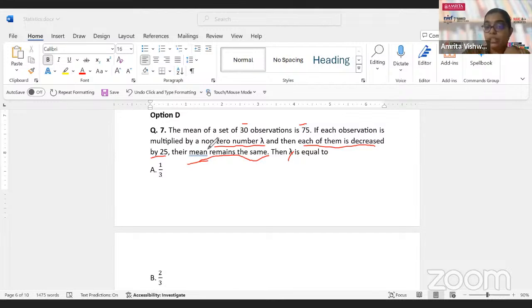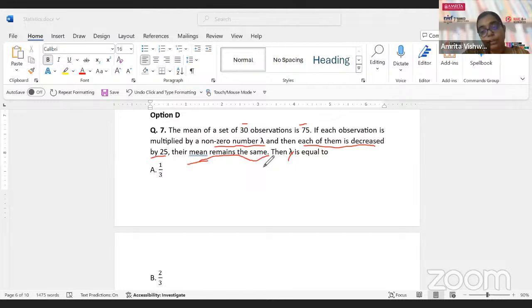They have clearly mentioned that it is a non-zero number. So there is some change that is going to happen here. So they multiply each observation with a non-zero number, that is lambda, and they are also performing a subtraction of 25 from each one of them.